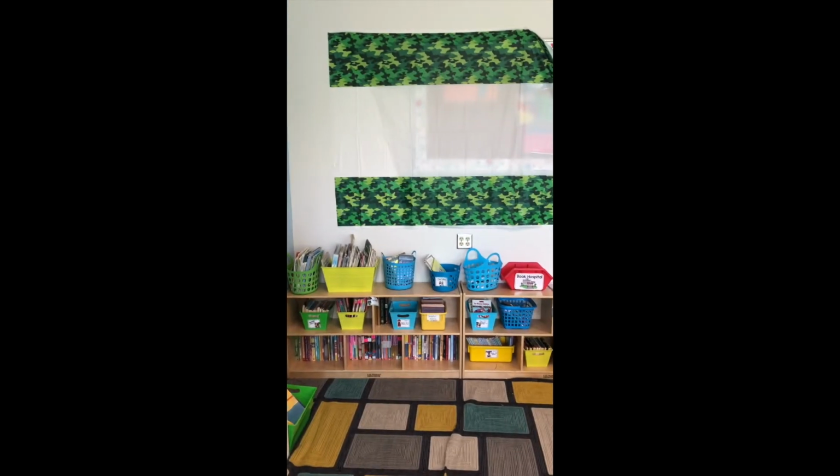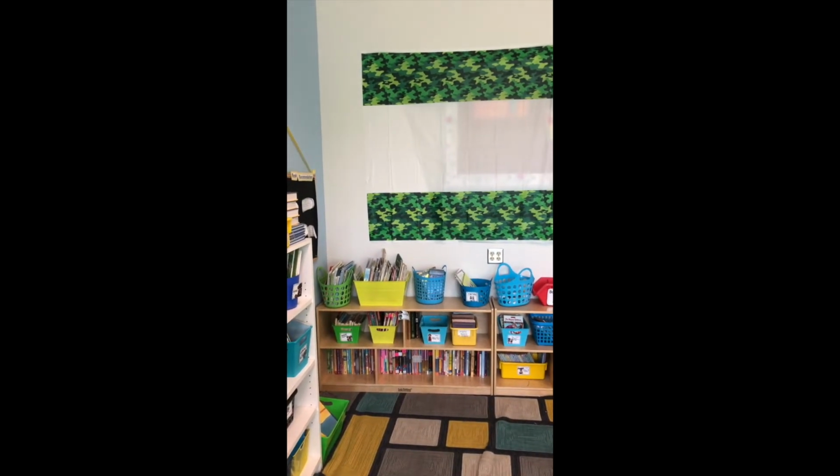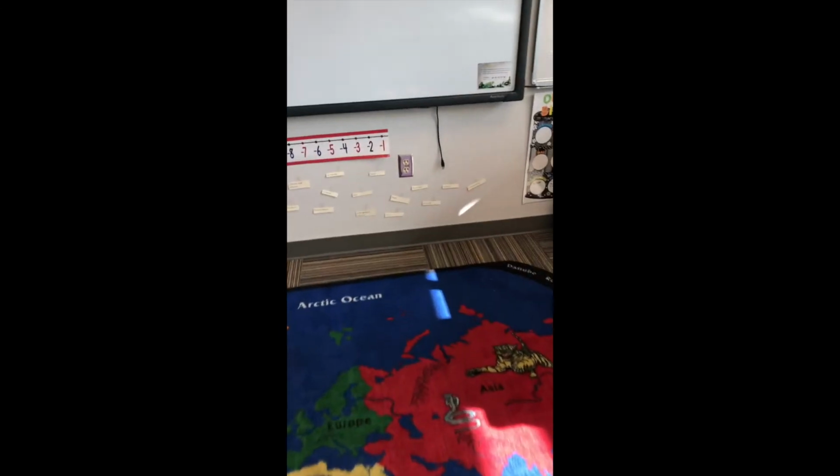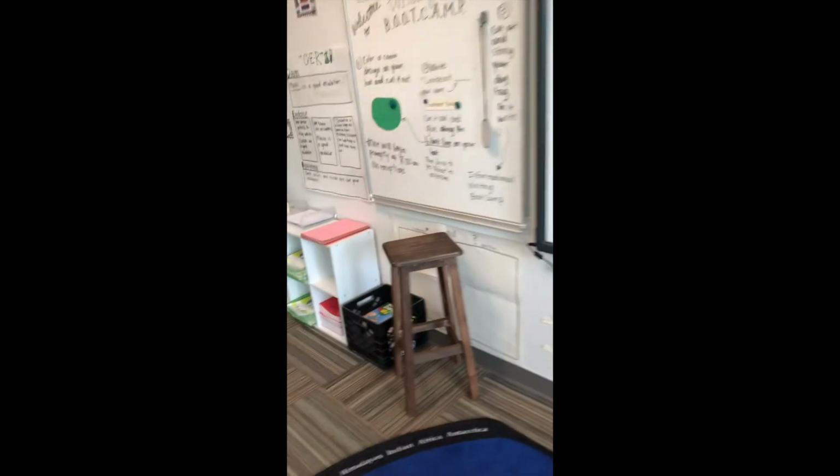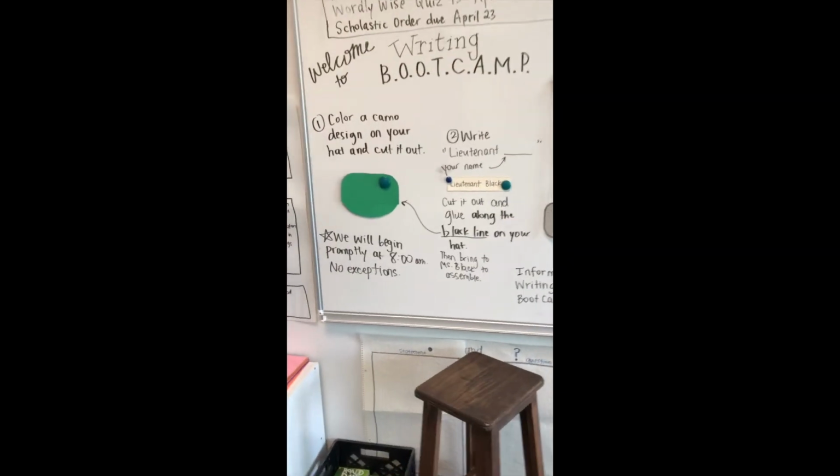And I just type these up in a chart on Word. This is the tablecloth that I said I'm not happy with having a big white section, but it does a lot to transform the room just having something up. And my third camo wall is just down here. So they'll go to each one and one topic will be at each one. And then I just have the directions on the board.